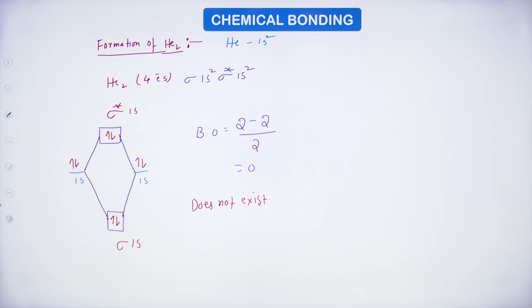This is the He2 molecule, students. Since bond order is 0, this molecule will never exist. A molecule whose bond order is 0 or negative will never exist.